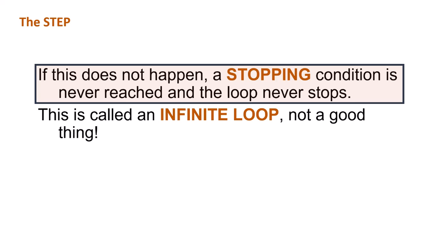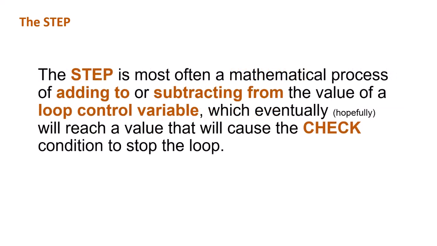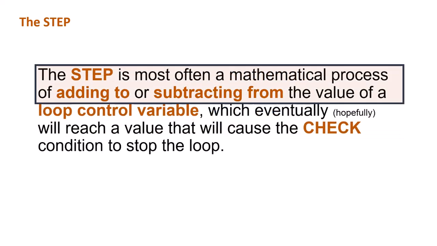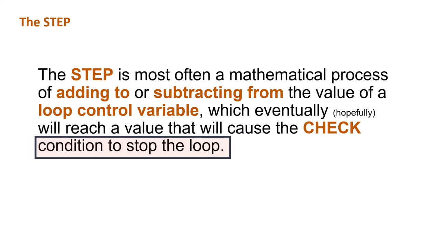If this does not happen, a stopping condition is never reached and the loop never stops. This is called an infinite loop. Not a good thing. The step is most often a mathematical process of adding to or subtracting from the value of a loop control variable, which eventually, hopefully, will reach a value that will cause the check condition to stop the loop.